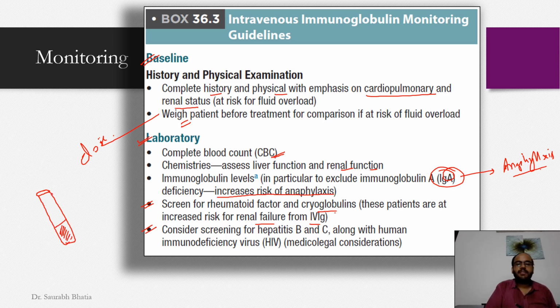So what happens is, let's say a person has a severe reaction to IVIg, which is not limited, or it is not getting better after stopping IVIg, or the patient has had a new blood-borne infection and will come to you and say that because of your IVIg I've got that infection.